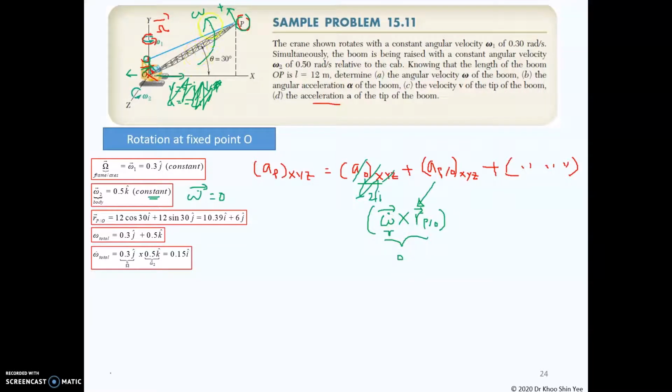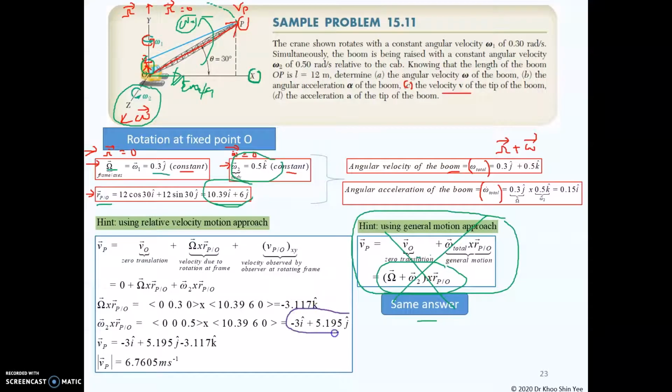Due to the rotation of the body, you will also have the acceleration in the normal direction here. You can obtain the acceleration component in the normal direction to be omega body crossed with omega crossed with the displacement vector P with respect to O. This component was calculated previously, so we can substitute the answer from here.